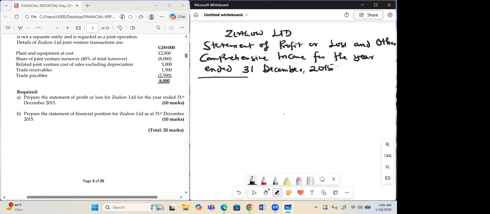Then you underline it boldly, and then since the statement is in thousands of Ghana cedis, put your thousands of Ghana cedis here. Only one column.